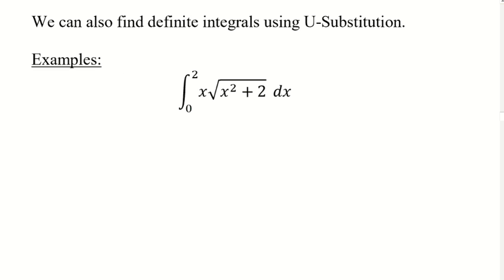All right, so I think now it would be good for us to do a couple of definite integrals using u substitution. I don't see anything that's exactly the derivative of something else, but we don't need them to be exactly the derivative. We just need them to be related, or just off by a constant. If you take the derivative of the inside, x squared plus 2, you're going to get 2x. And 2x is not the same as x, but it's only off by a constant multiple.